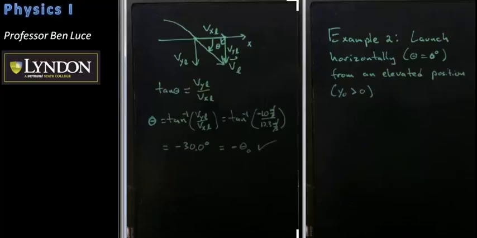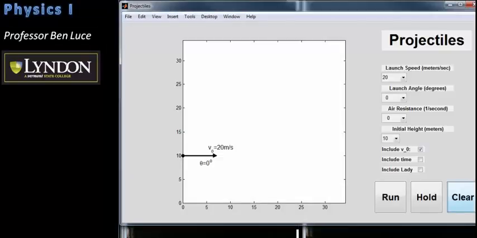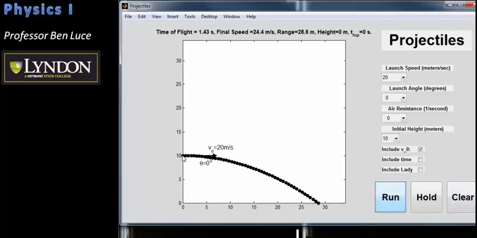Okay, before moving further, let's look at a simulation first and get an idea of how this projectile is going to behave. So here the simulation is set up to launch with v naught equal to 20 meters per second and at 0 degrees and at an elevated position 10 meters above the ground. All right, let's see what happens. We see that the projectile moves out to the right and then slowly falls and then finally hits the ground just shy of 30 meters.